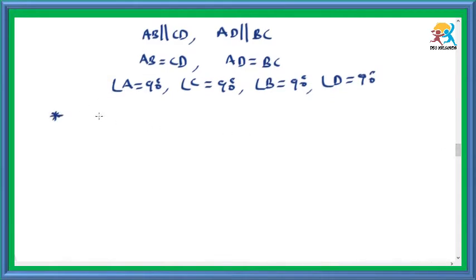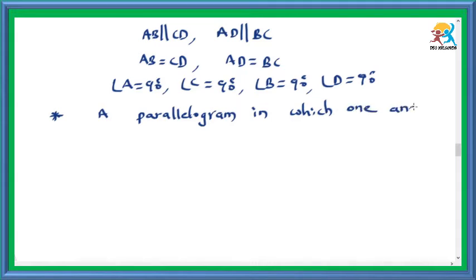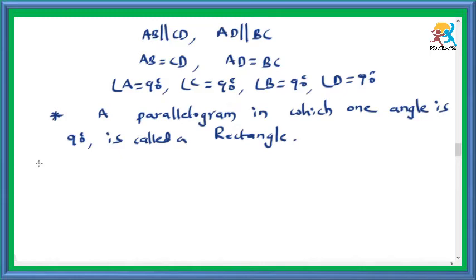So the definition of a rectangle is a parallelogram in which one angle is 90 degrees is called a rectangle. So the same properties will be applicable for the rectangle also.